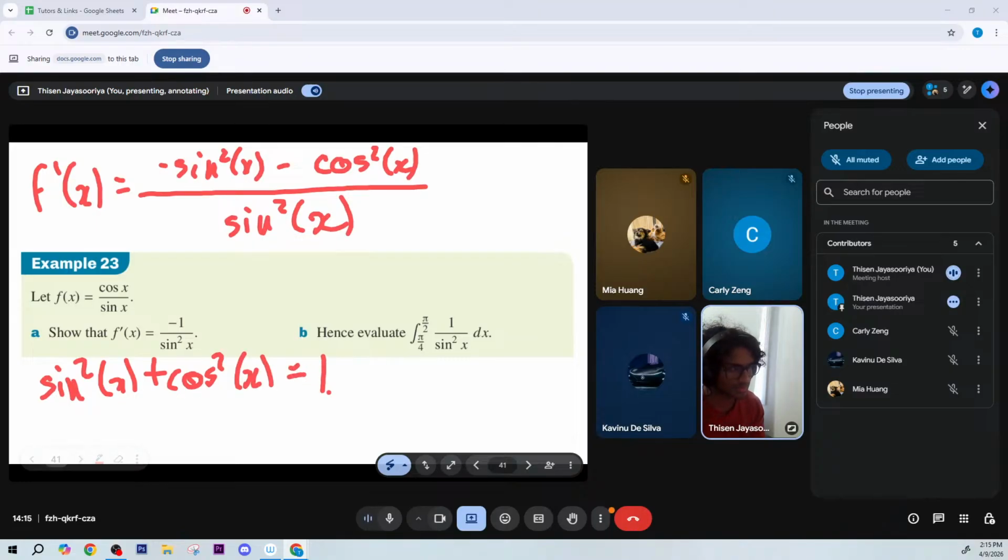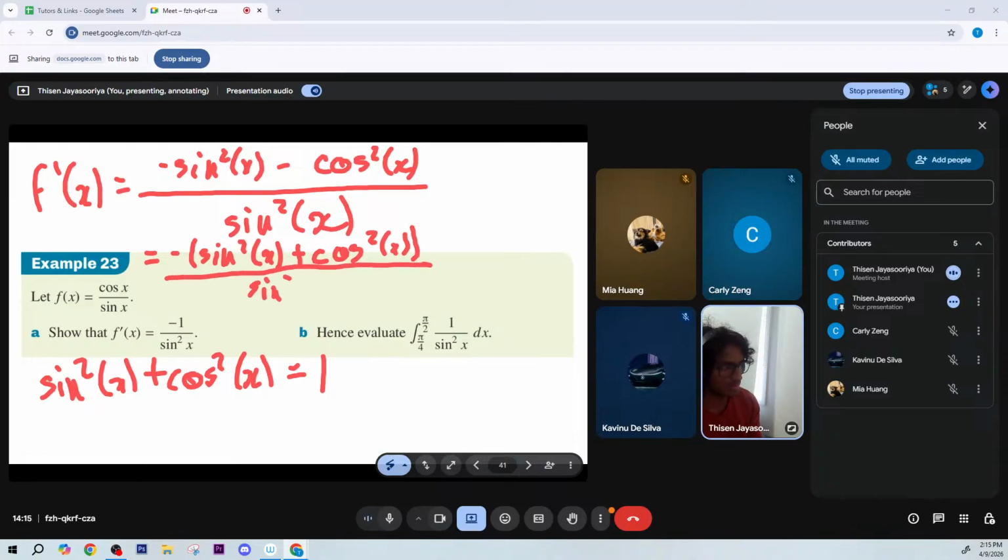So if I factorize out the negative here, we get sine squared x plus cos squared x at the top, and we know that's equal to 1. Always. It's always equal to 1. So we get here negative 1 over sine squared x as our final answer. Does that make sense for everyone? Okay, that's for Carly.